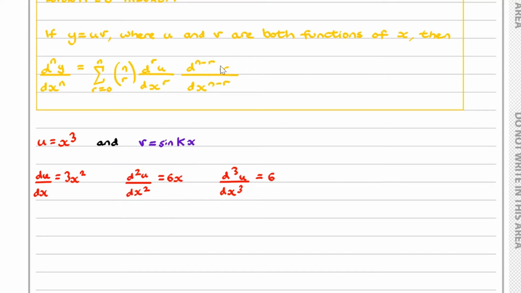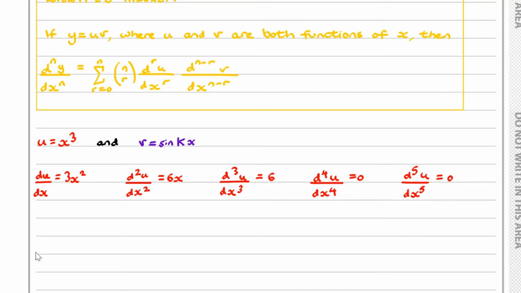The next derivative, d4u over dx4, you'd find that to equal 0. And finally, d5u over dx5 is equal to 0.